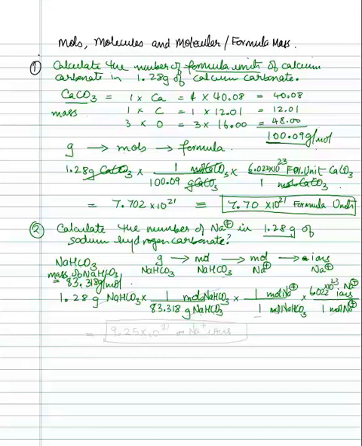Then you do the calculation. Make sure you cross out your units so you know that you're left with what you need, which is the ions of sodium. Hopefully your final answer will come out to be 9.25 times 10 to the power of 21 sodium ions.